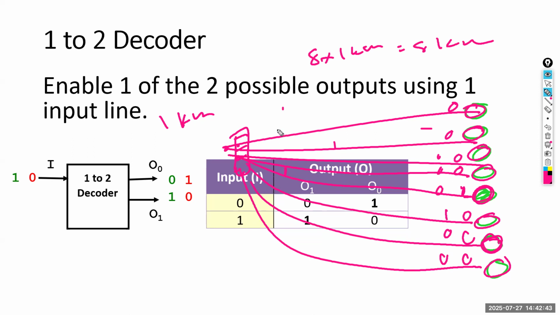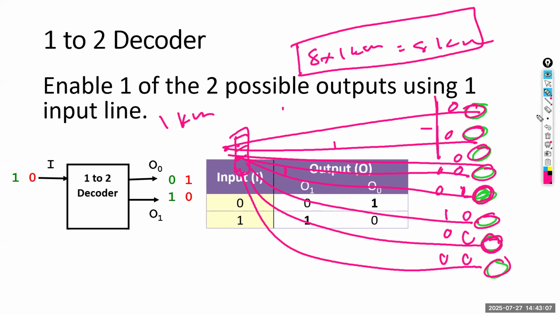Can you do it in a better way? More cost effective. Remember, engineers try to reduce cost, reduce energy, reduce heat, and make it faster. So here, remember, 8 kilometers of wire. Now, what about if we have a decoder?